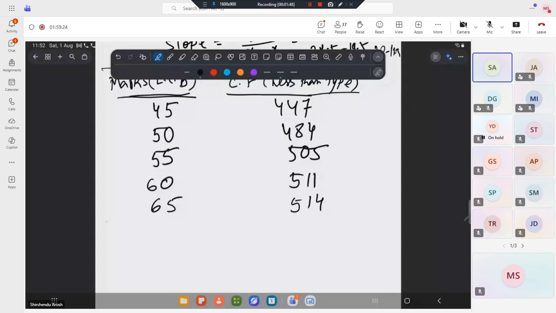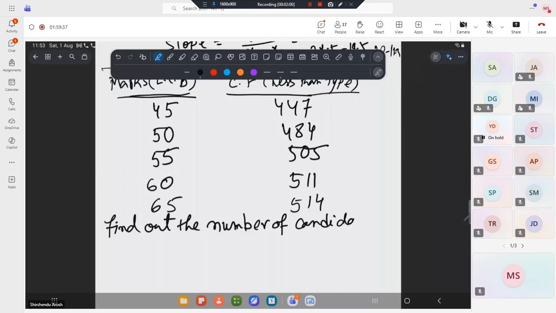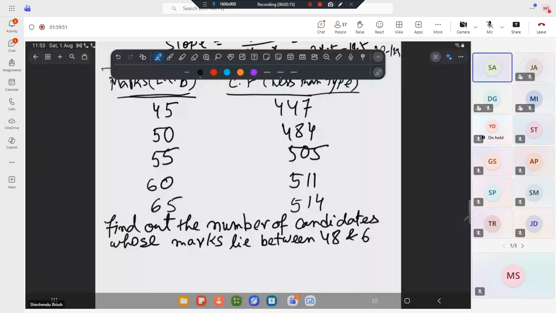They're asking us to find out the number of candidates whose marks lie between 48 and 62.